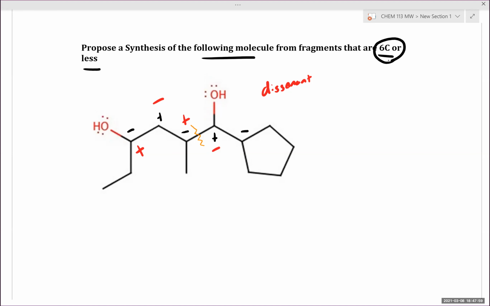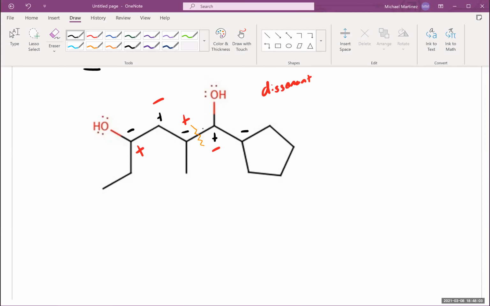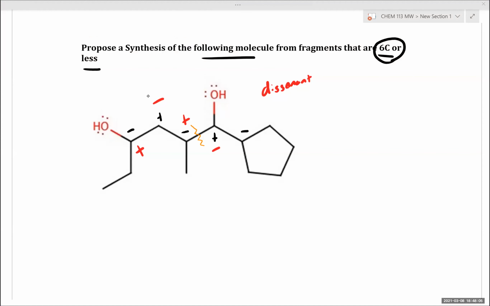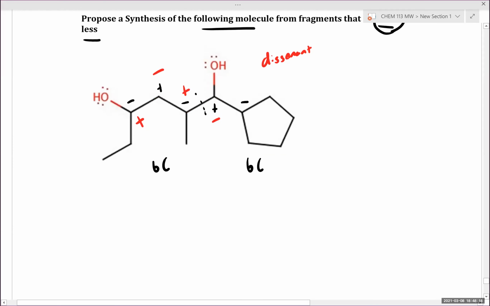So we see a student propose breaking the following carbon-carbon bond. And that's quite a simplifying disconnection. As you can see, if we break this bond, we get 2 fragments that are 6 carbons each. Wonderful. Okay. From there, now that we've drawn out a bond breaking transform, what would our synthons look like?